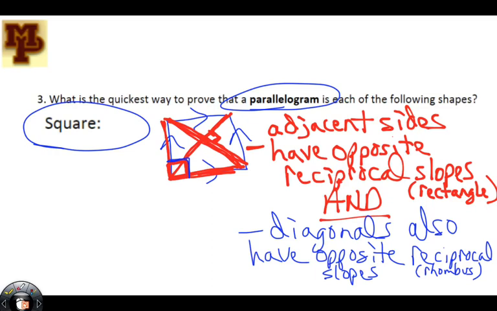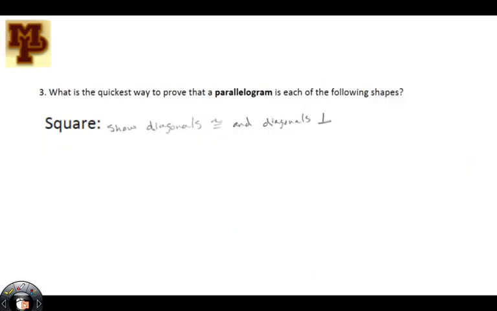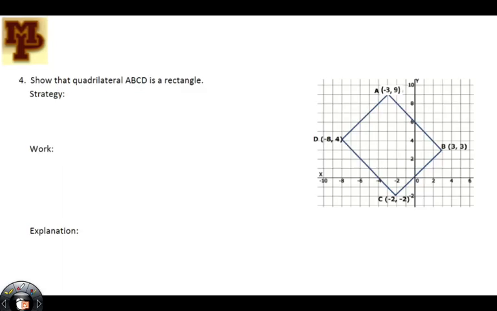Alright, next, start getting into some actual problems here. So we want to show that this quadrilateral is a rectangle. So what we could do is just do a lot of calculations of slopes. So let's calculate slope, slope, and then see if they're opposite reciprocals, and that pretty much would do it.